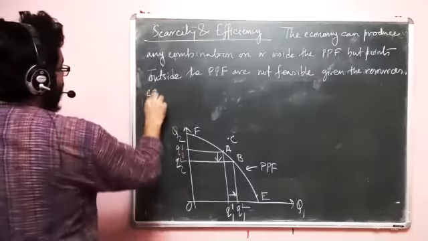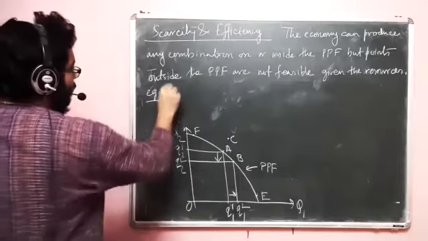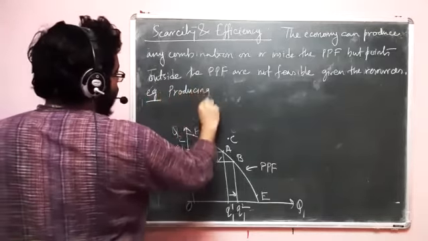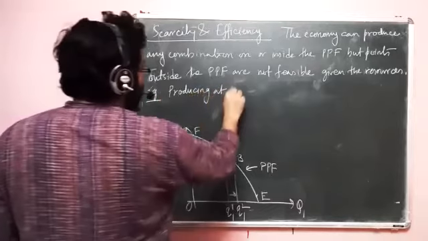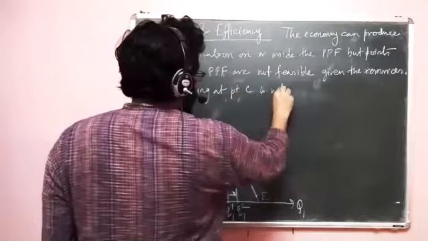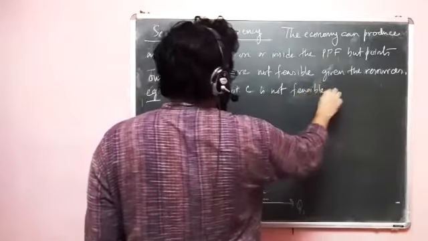So as for example, producing at point C is not feasible. Okay.